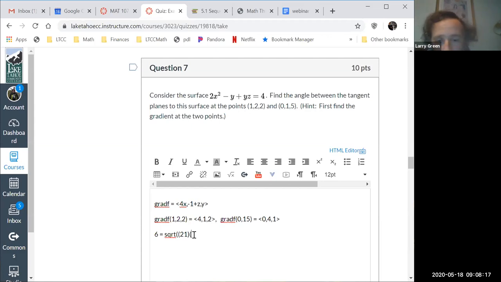So square root of 21 times 17. And then times the cosine of theta. And then we just solve for theta. And theta is going to be equal to 6 divided by the square root of 21 times 17. And that's it. Any questions on 7?